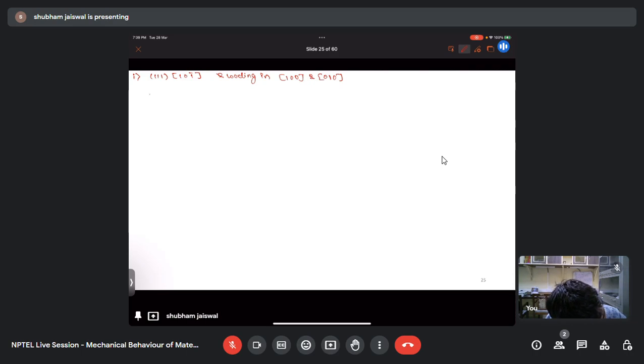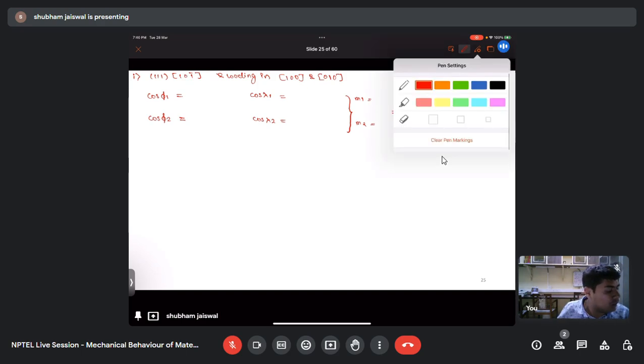You need to find the value of cos phi 1, similarly cos phi 2, and similarly cos lambda 1 and cos lambda 2. So here you will get m1, here m2, and here you get m equal to m1 minus m2. Now please find out the values and tell me the answer.